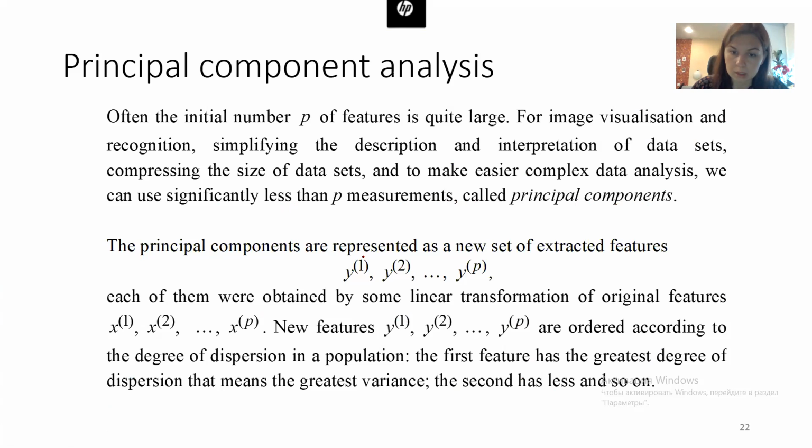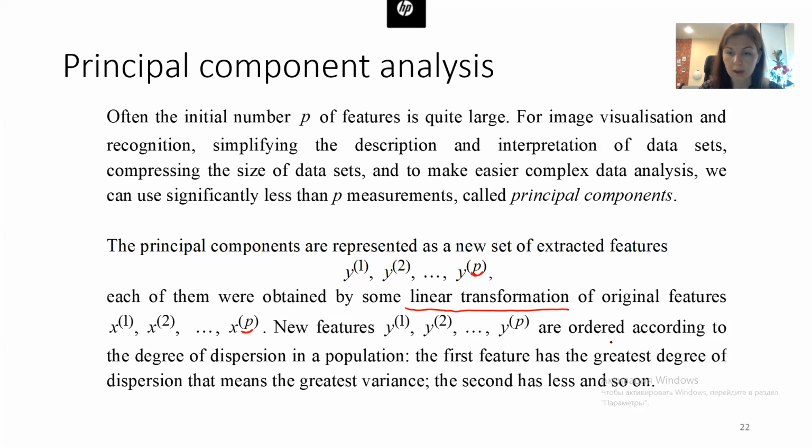The principal components are represented as a new set of extracted features. We will use Y for principal components. Each of them is obtained by, and it's really important, a linear transformation of original features X1, X2, up to XP. So we have P features, and we have P principal components.